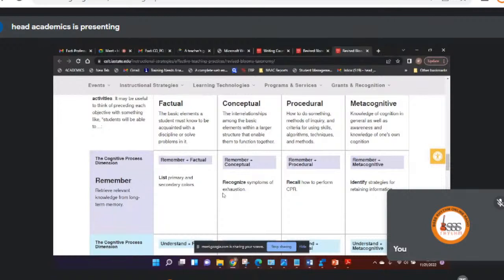If it's conceptual, then recognize is the verb that you should use. Recall is the verb for procedural knowledge, and identify for metacognitive. So that's a further configuration, going more granular in terms of the Bloom's taxonomy list. But I don't suggest that you should go to such a granular level.